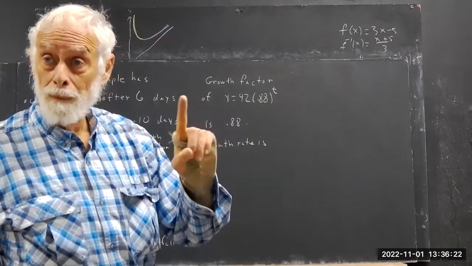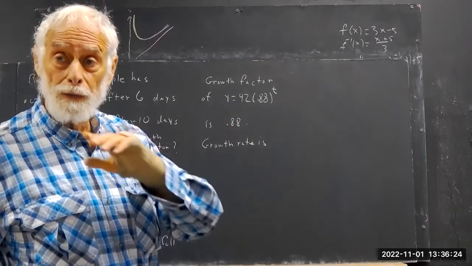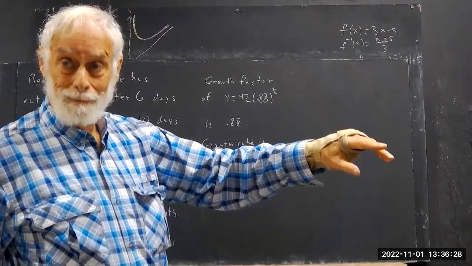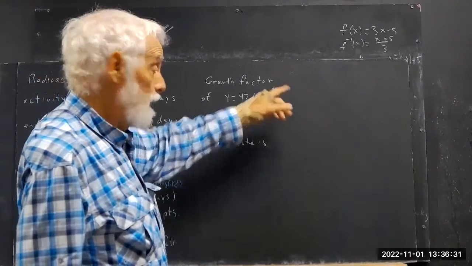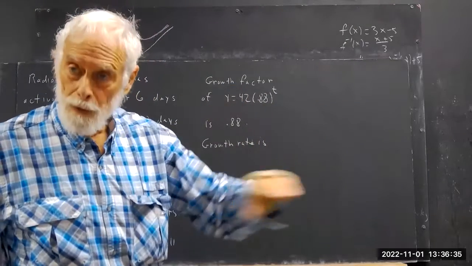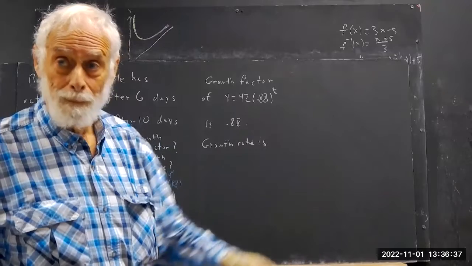Growth factor is 1. That means your growth rate then is 0. You're not growing, you're not shrinking. If I have 1 to the t, it's always 1. So this would always be 42. There'd be no growth, no decline.